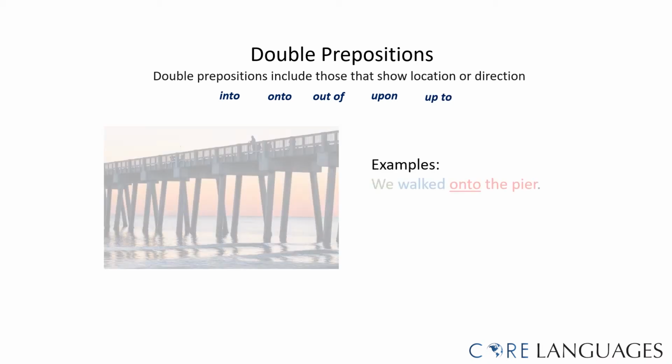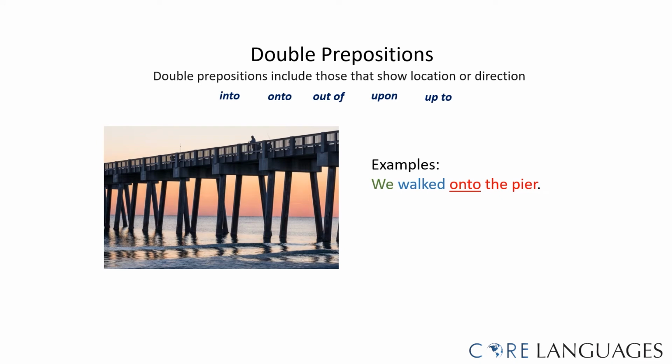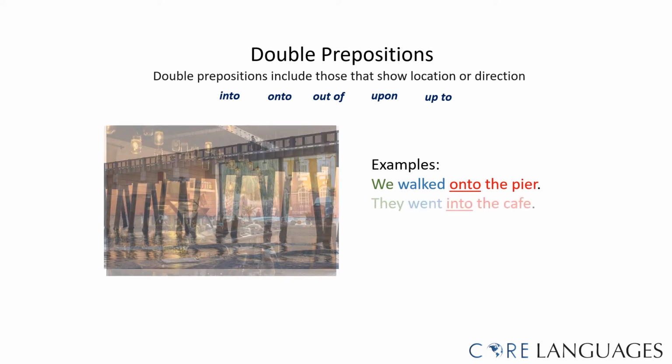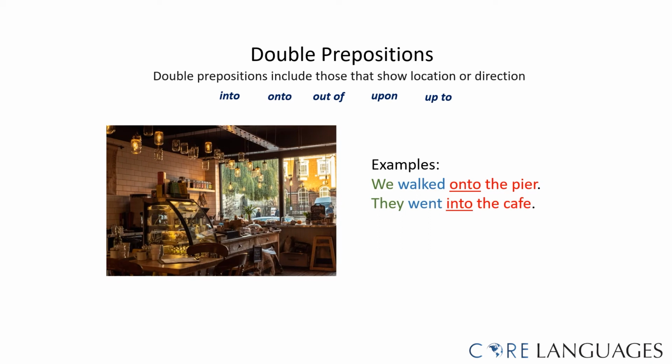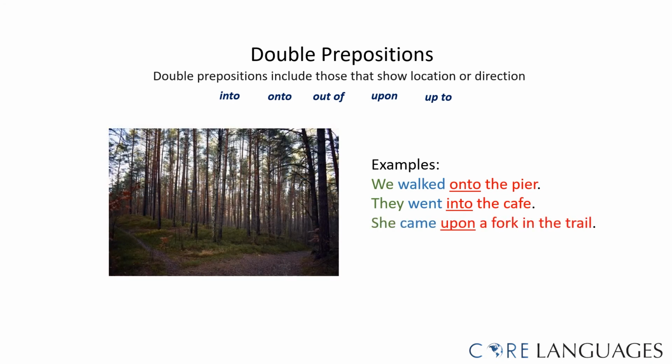For example, we walked onto the pier. They went into the cafe. She came upon a fork in the trail. Notice how in the last sentence, the prepositional phrase includes two prepositions, upon and in.